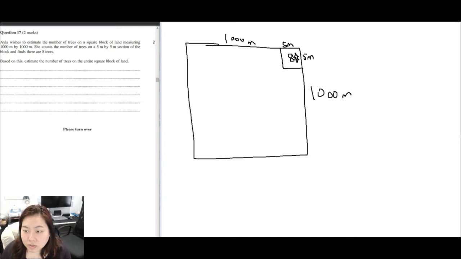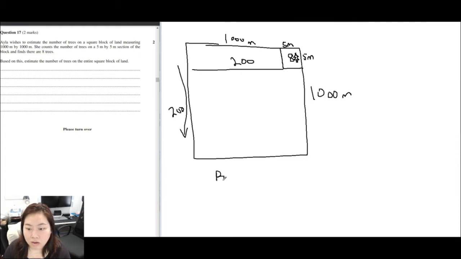How many other square blocks are there in the rest? How many can I do in this row only? 1,000 divided by 5 is 200. So there are 200 squares in this row, and you would need 200 rows as well. So that is how many, what would I call this, blocks?